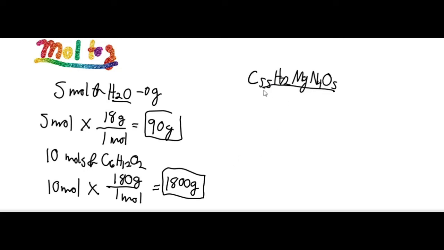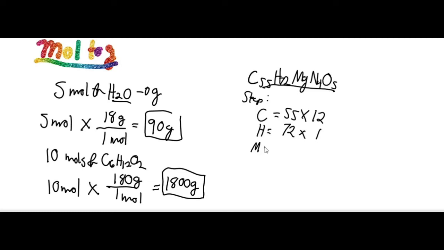Okay, first step, get the molar mass. We have 55 carbon, and the atomic mass of carbon is 12. Then we have H, or hydrogen. We have 72 hydrogen, and the atomic mass of hydrogen is 1.